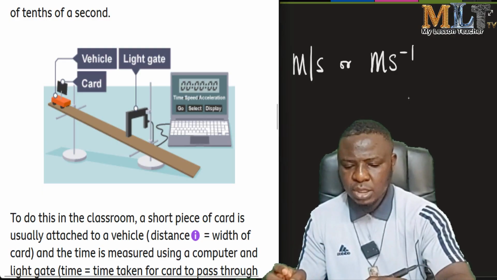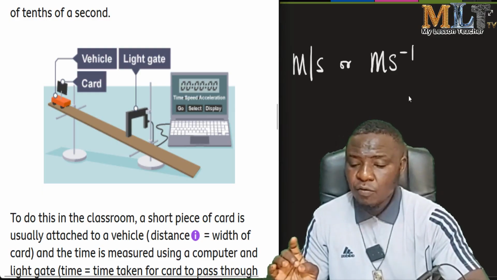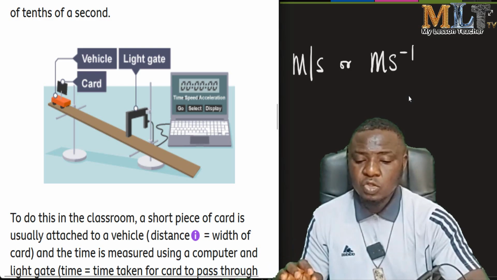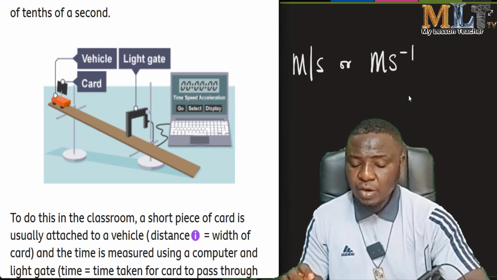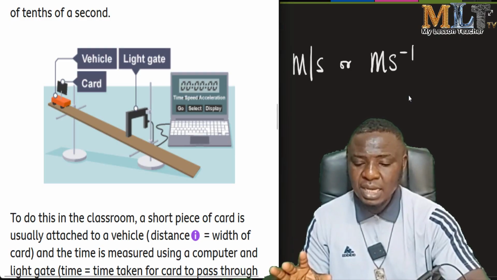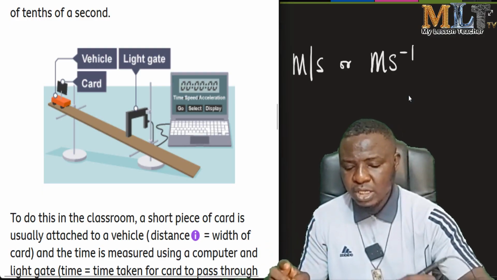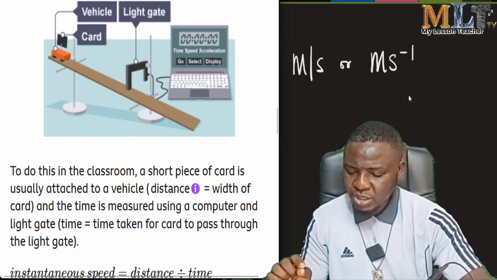The light gate is the endpoint, and then you have the timer, which measures the time taken for it to pass or get to the light gate. So at the particular instant that the vehicle is released, the time starts counting, and once it gets to the light gate, it goes off, giving you the time taken for it to get to that point, and we refer to it as the instantaneous speed.